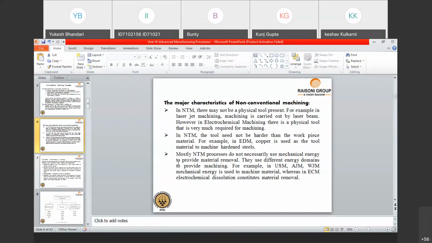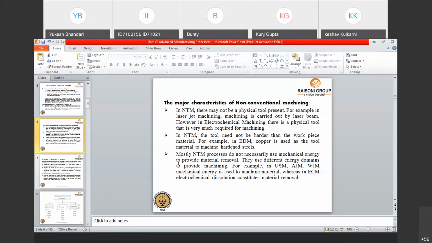Another major characteristic of NTM is that in NTM the tool need not be hardened. Remember that. In conventional machining process, the tool must be harder than the workpiece. But in NTM, the tool need not be harder than the workpiece material.